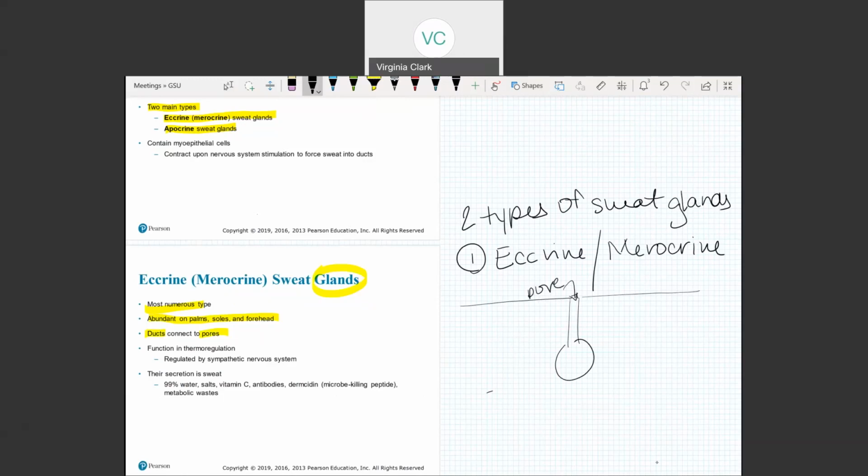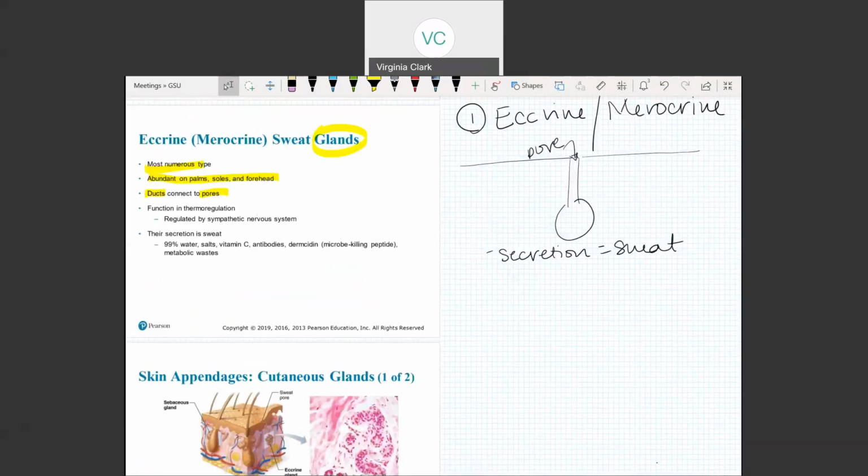The product of this, the secretion product, is going to be sweat. So with an eccrine, this is what you think about when you think about a gland. This is exactly what that is. It's going to be made up of mainly water, with some salts, some vitamins, and some metabolic waste. So this is important because when you think of sweat, this is essentially what is happening.